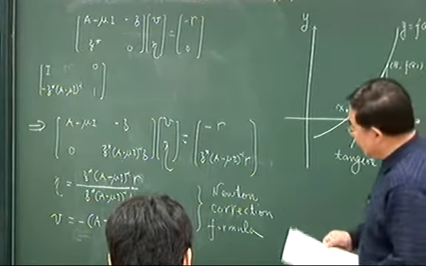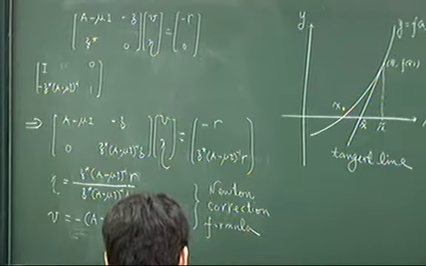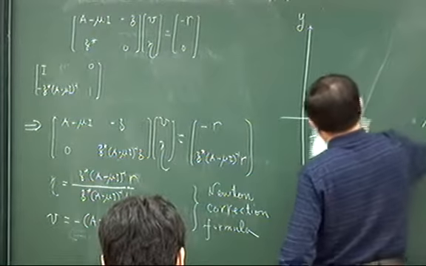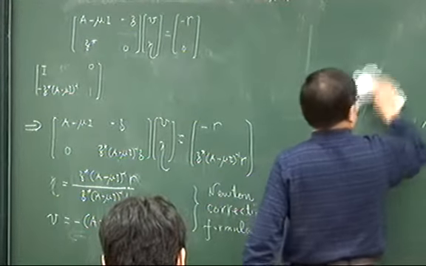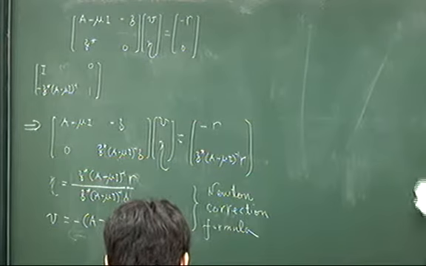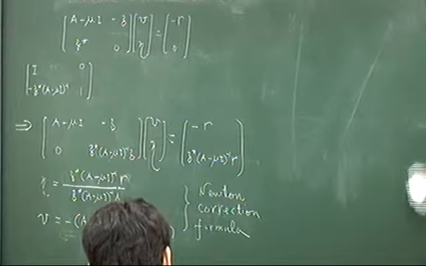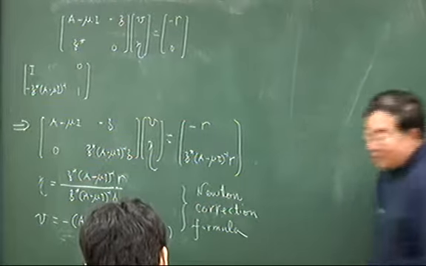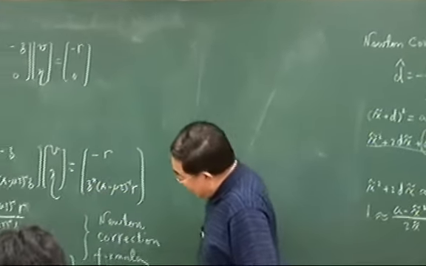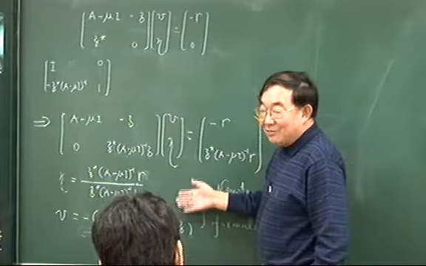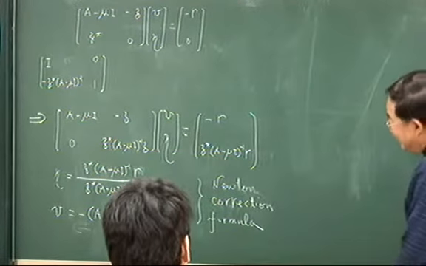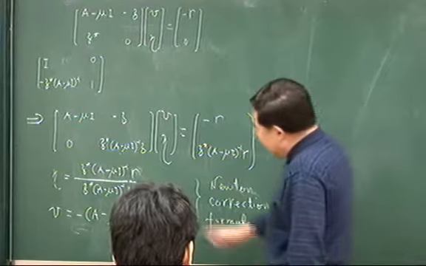That is the Newton method for solving the eigenvalue problem. But this formula is not easy to extend to other methods, so we need to give another representation for this formula. So next we will do that.